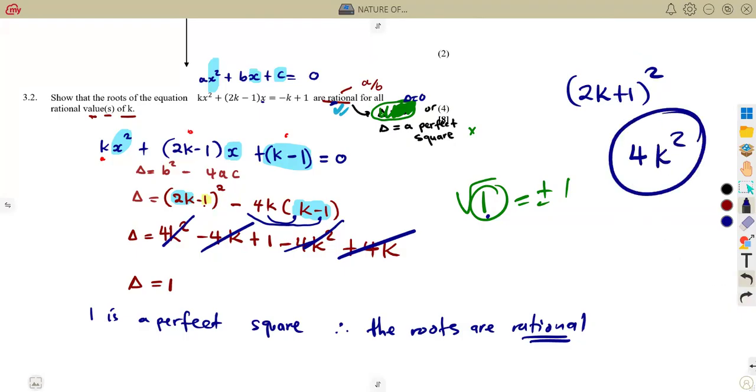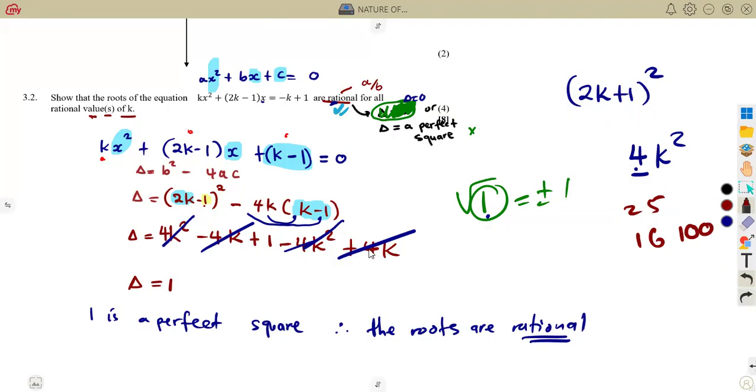As long as it is giving you the perfect square situation, a number raised to the exponent of 2, 4 is a perfect square, k squared is also a perfect square. So it is not always that you are going to have a number here like 25, like 16, like 100. It can be an expression.